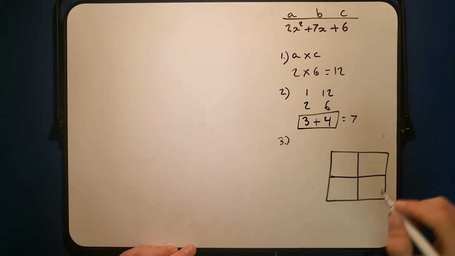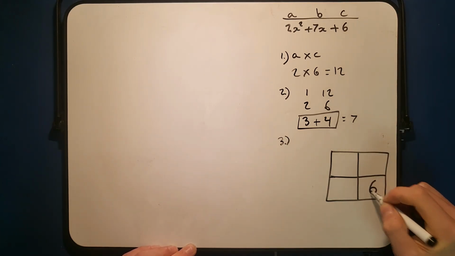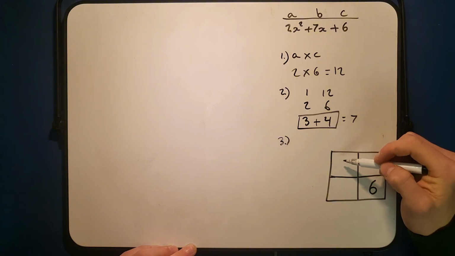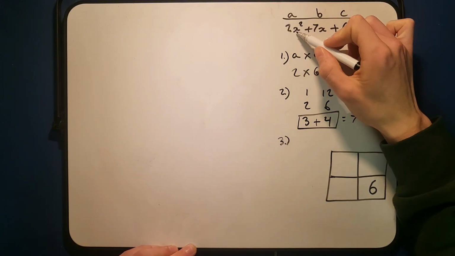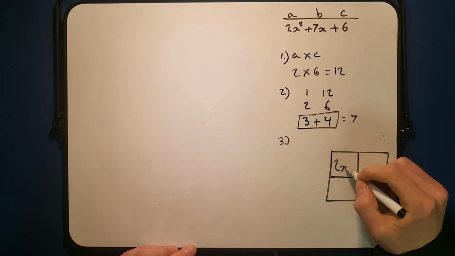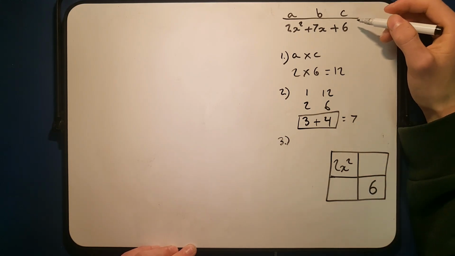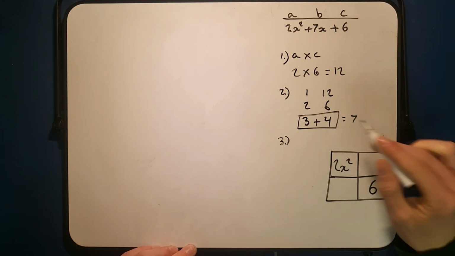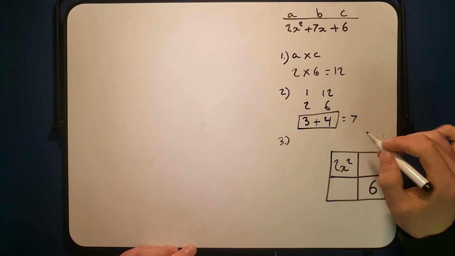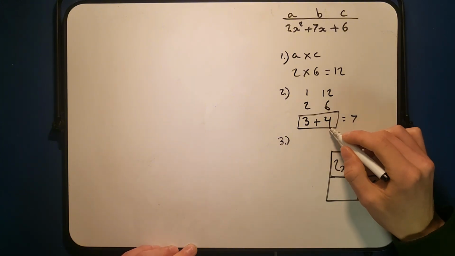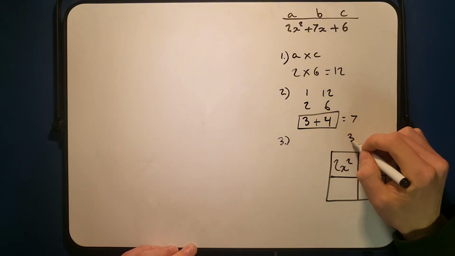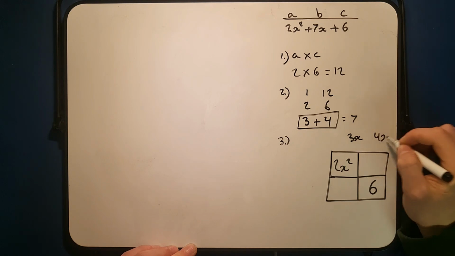So in this case it is 6. In the top left corner, we're going to write out our 2x squared. So these two numbers right here will always be from our original quadratic. And these numbers will have the 3 and the 4, but the only thing we need to add is multiply them by an x. So it's going to be 3x and a 4x.